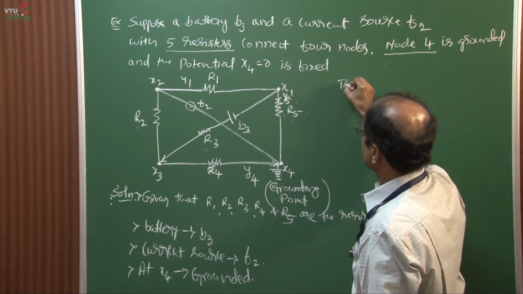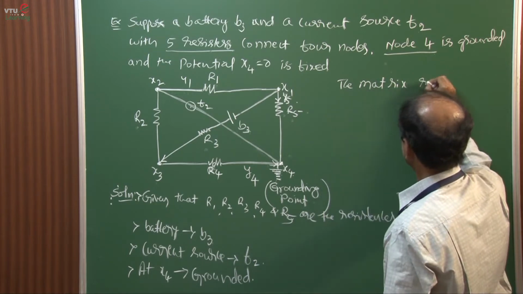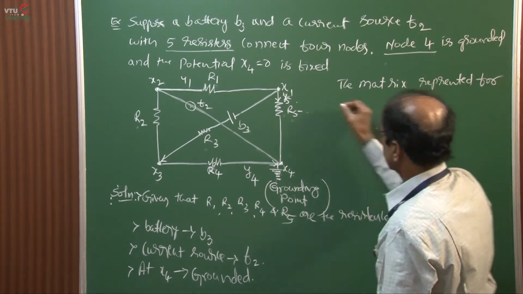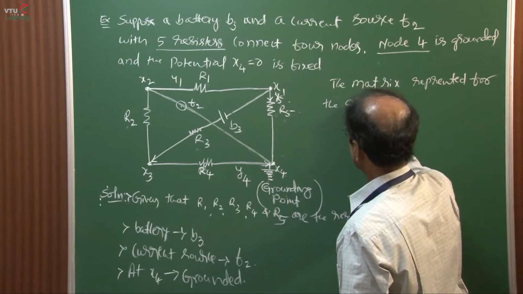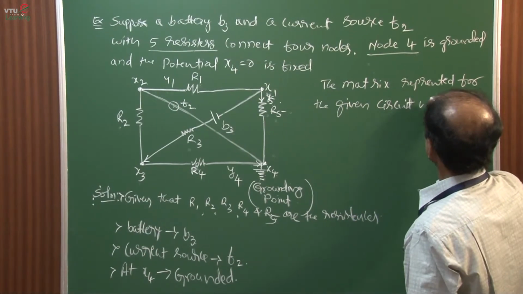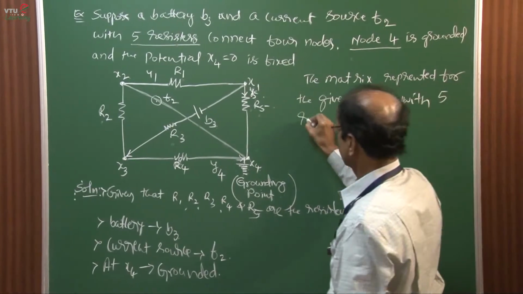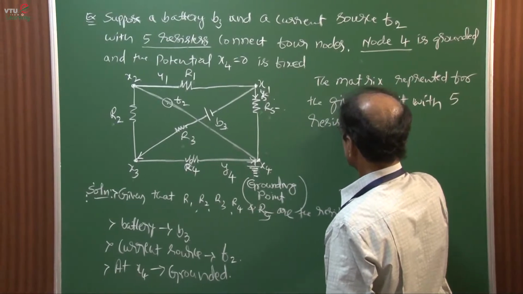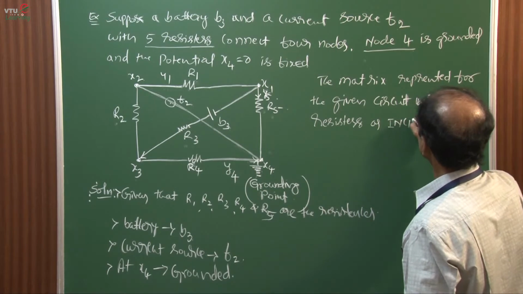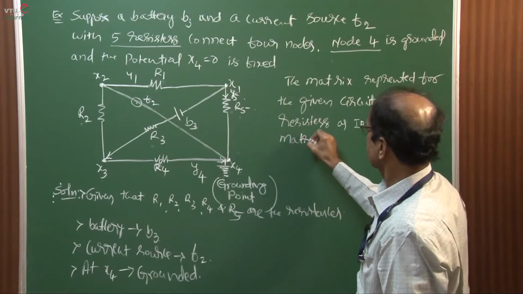Okay, so the matrix represented for the given circuit with 5 resistors as incidence matrix.